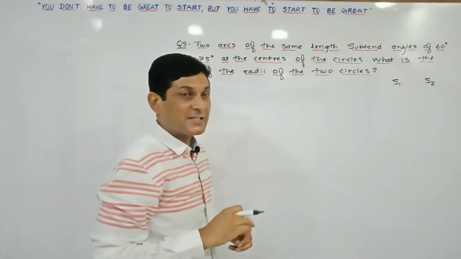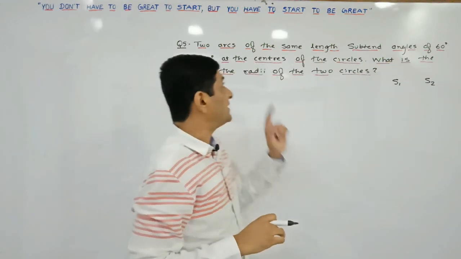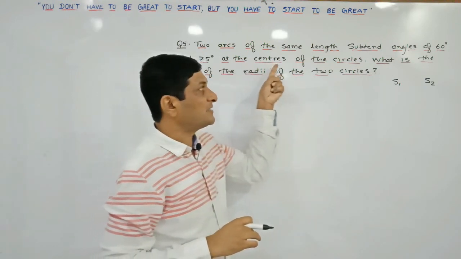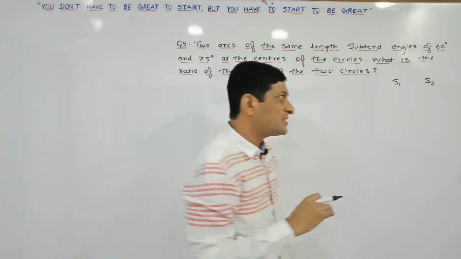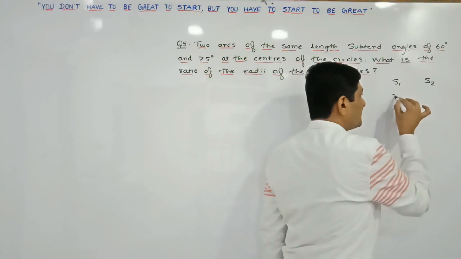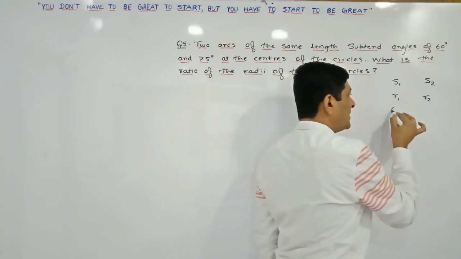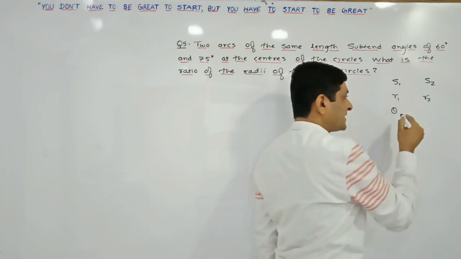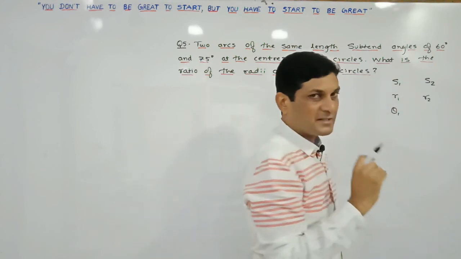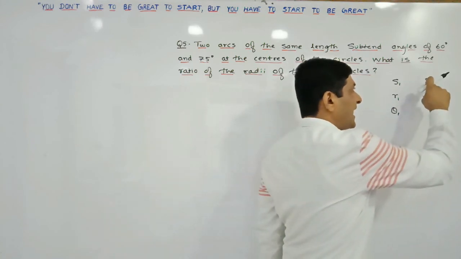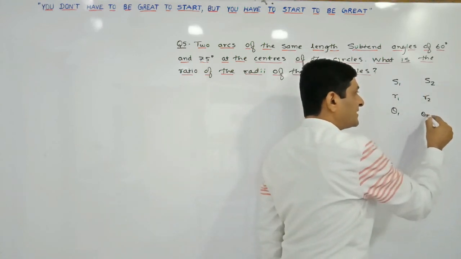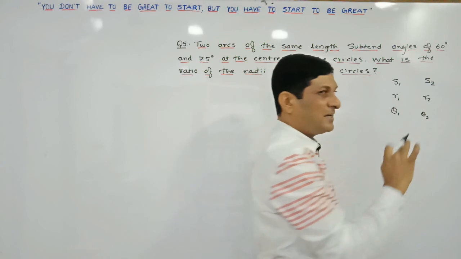And these arcs subtend the angles 60 degrees and 75 degrees at the centers of the circles. Let us denote the radius of the first circle by R1, the radius of the second circle by R2, and the angle subtended by this arc at the center of the first circle by theta 1 and the angle subtended by the second arc at the center of the second circle by theta 2.